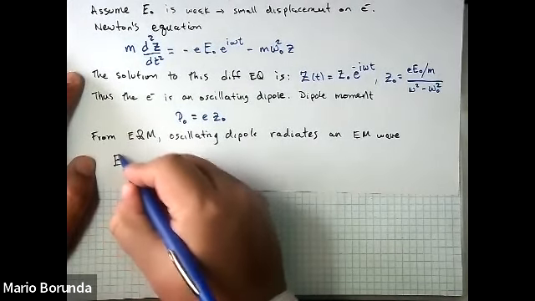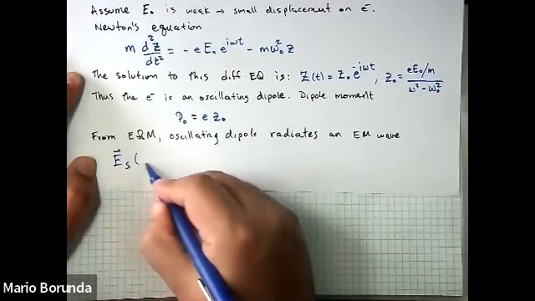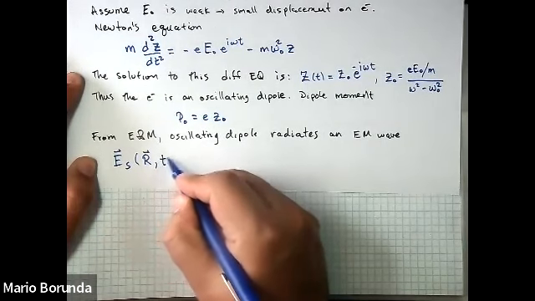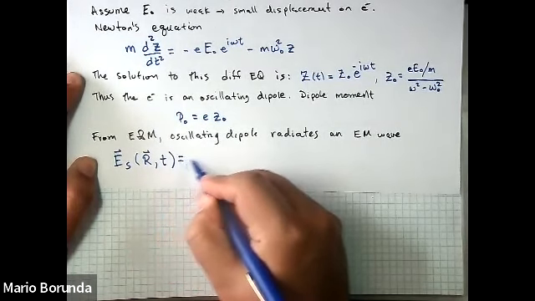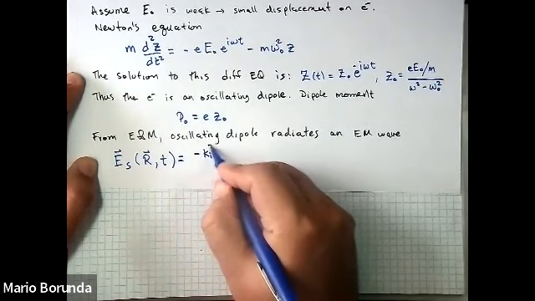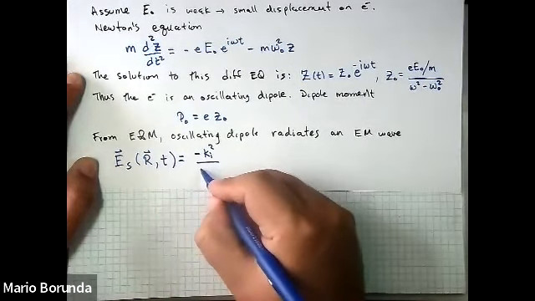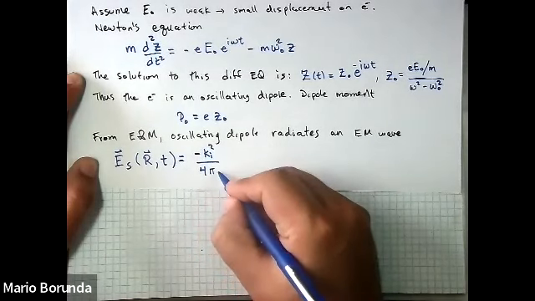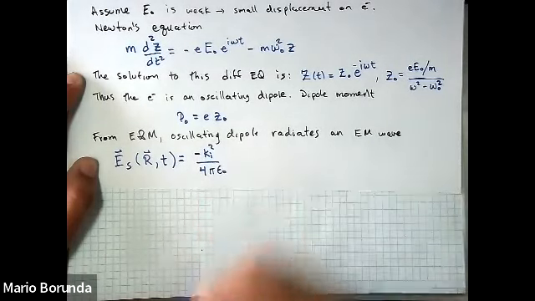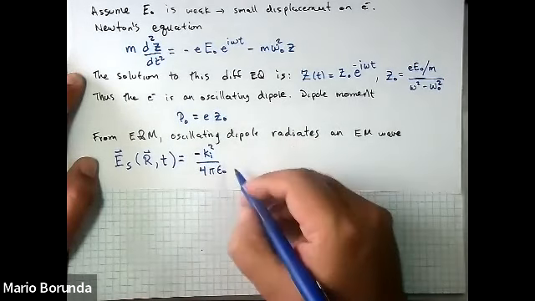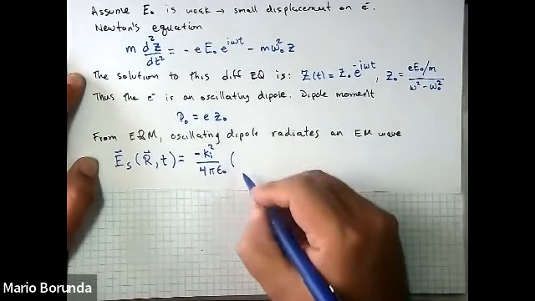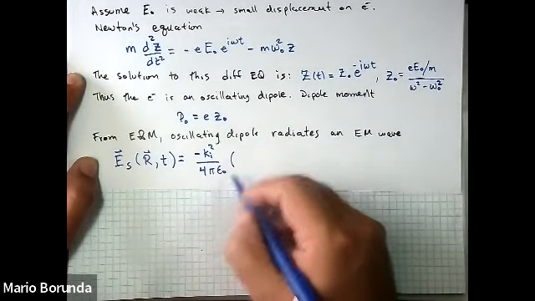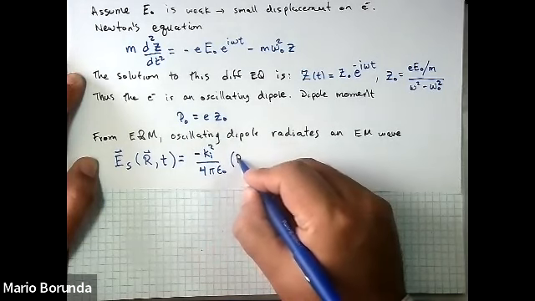And this scattered electric field at some position R has a time dependence and is related to the incoming wave vector of the wave, with some units that have to be there for the 4 pi epsilon naught. Then we have the dipole moment here.